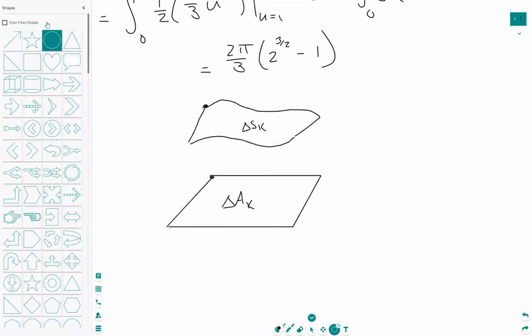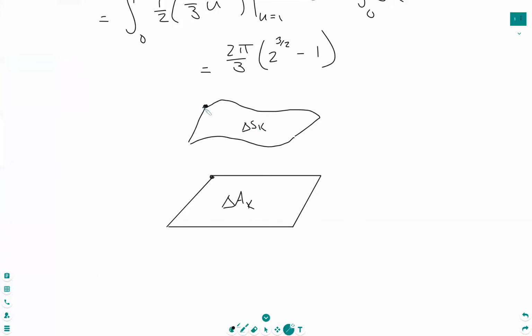This is very similar to our transformation argument. We have some vectors that point to the ends of these surfaces. We'll call this UK and VK.